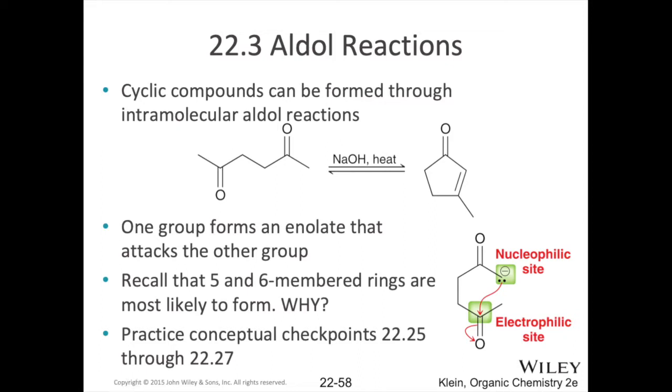Okay, so with this in mind, you can also have intramolecular reactions that can form cyclic aldol condensations. Okay, so here's a good example of that. So here we have one molecule with two ketone groups, and there are two alpha carbons present, right? So one of them can be deprotonated and turned into your enolate nucleophile, and it can attack the other carbonyl to form this ring.